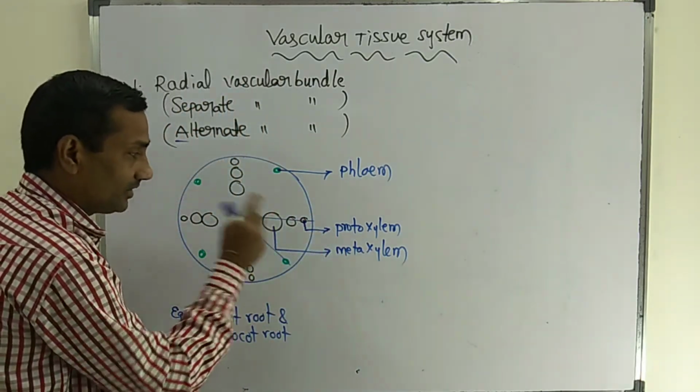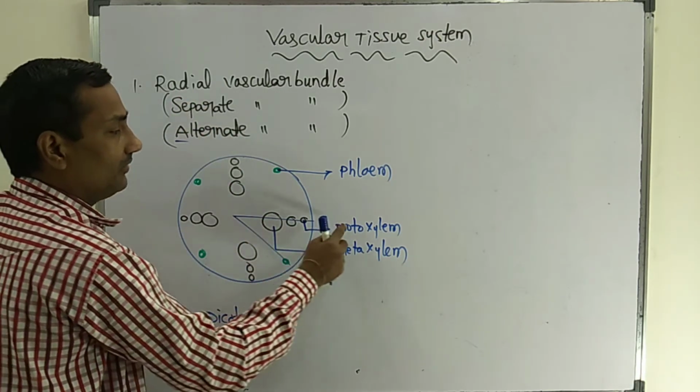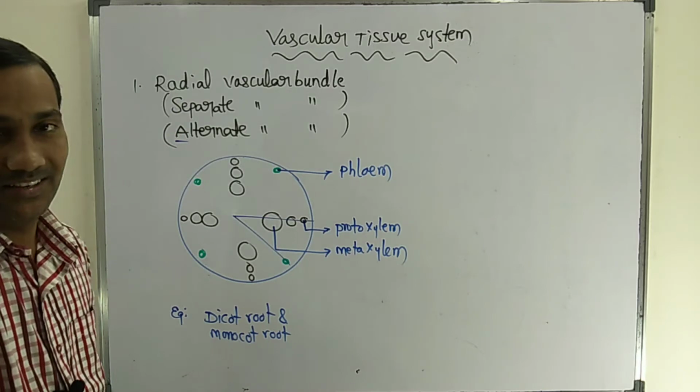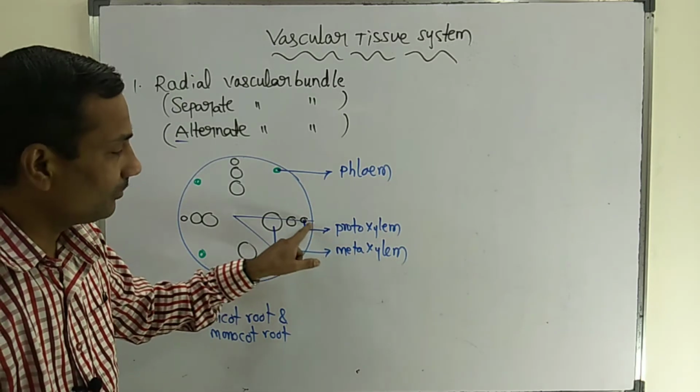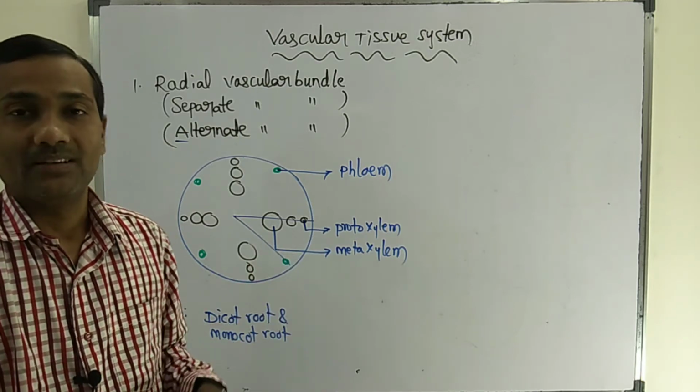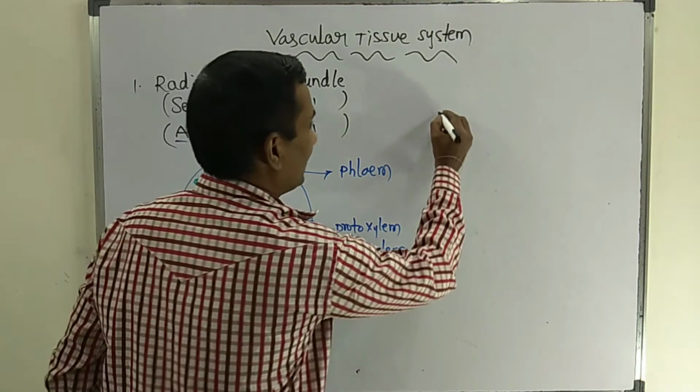If you observe, protoxylem in a radial vascular bundle is always peripheral. This is protoxylem, the first formed primary xylem, located towards the periphery. This type of arrangement of xylem is called exarch xylem.